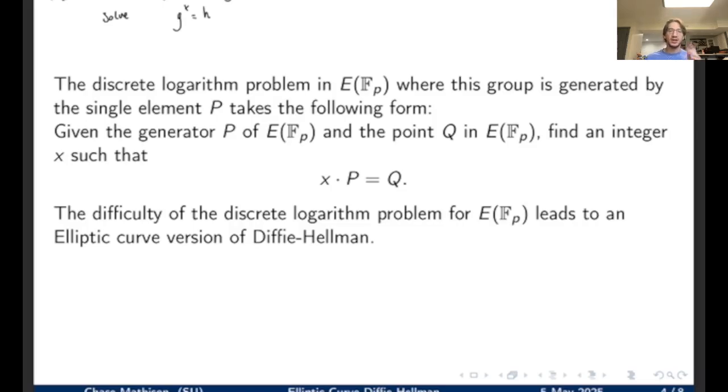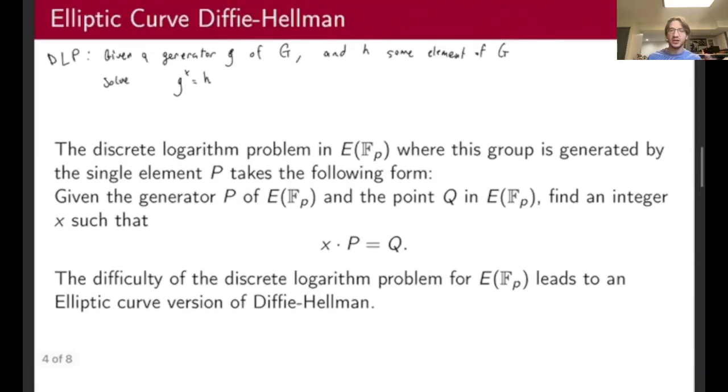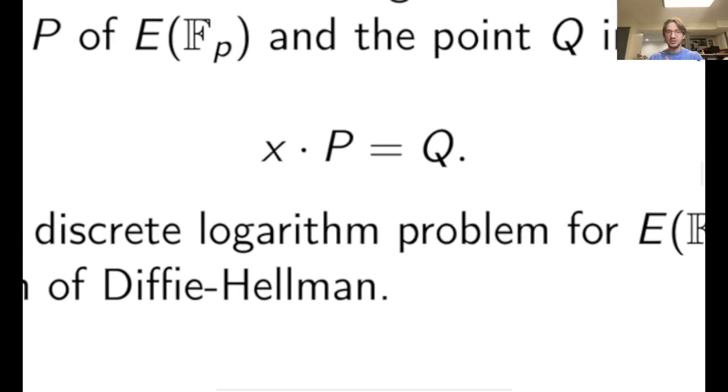Given a generator P of E of Fp, which is acting like g up here, and another point Q in E of Fp, we want to try and solve the equation x times P equals Q. Going back to the operations we talked about last time, think about 2 times P. You had to find that the slope m was 3 times x1 squared plus a divided by 2 times y1.